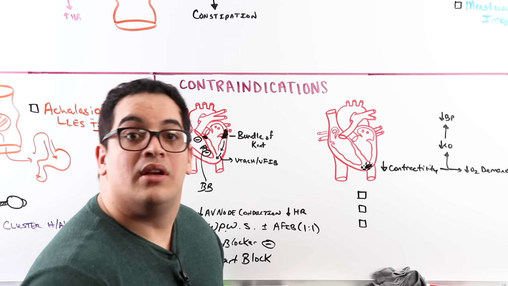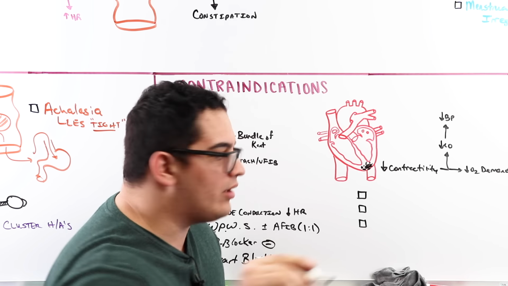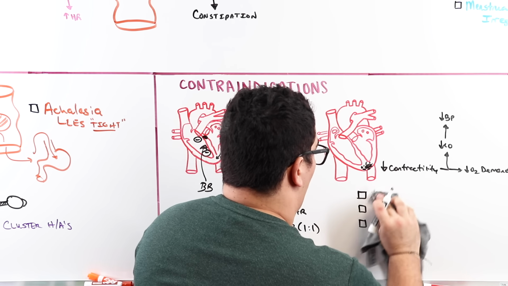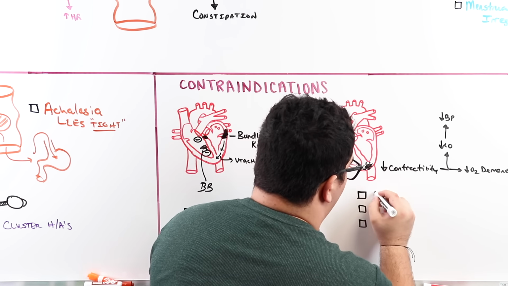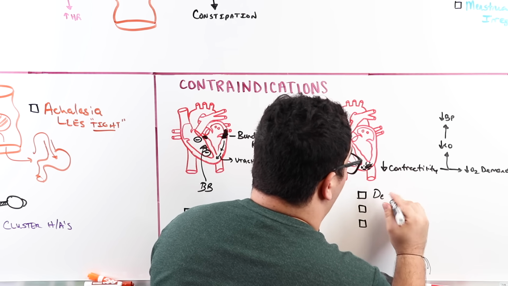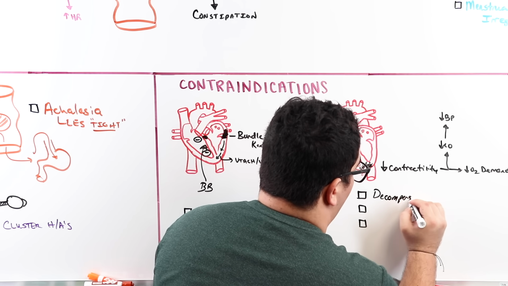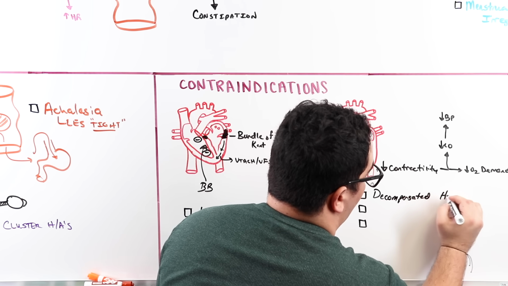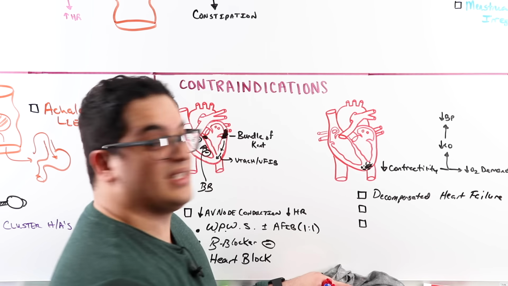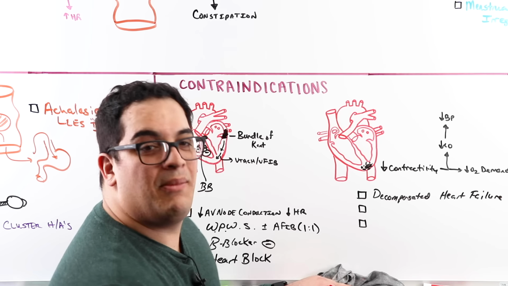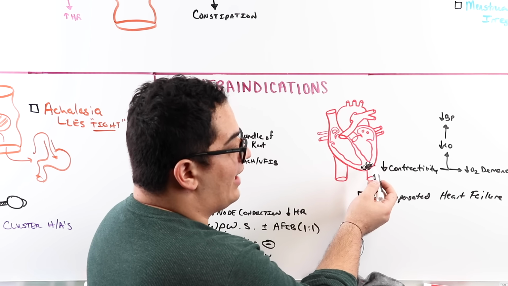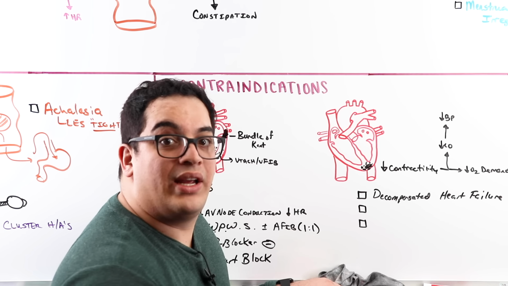Like someone has congestive heart failure, particularly decompensated heart failure, or just in general a really weak heart. Are you going to want to give this drug to someone who has a really weak heart as it is? No, that can make it much worse, right? Because you're technically inhibiting the inotropic activity in an already weak heart.